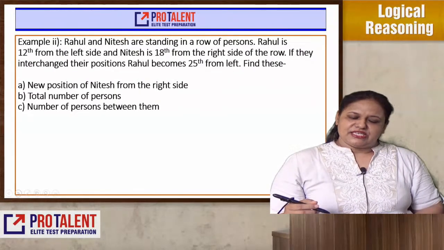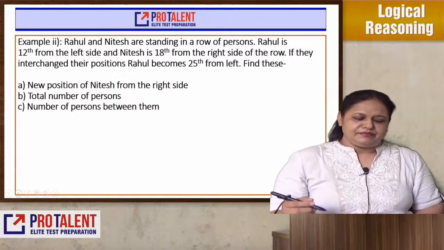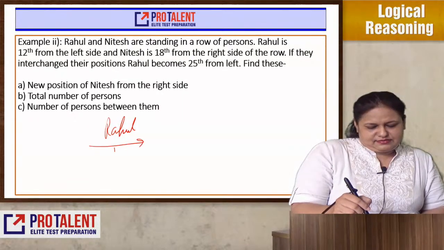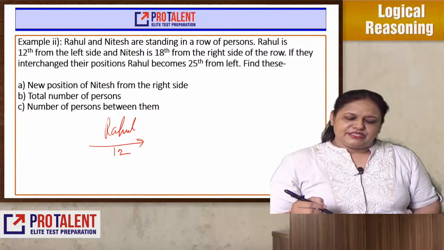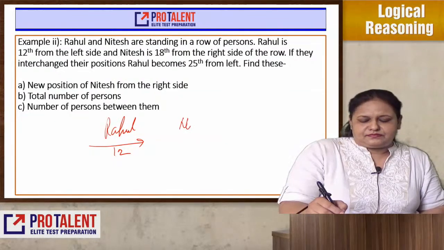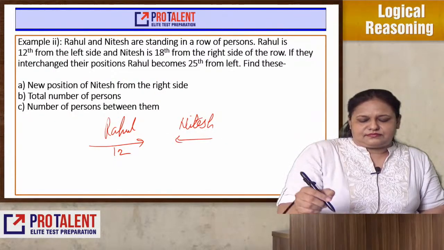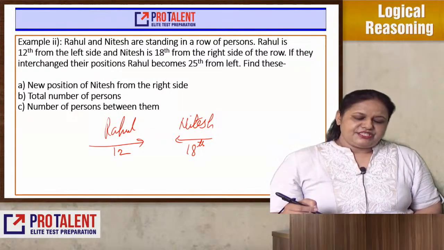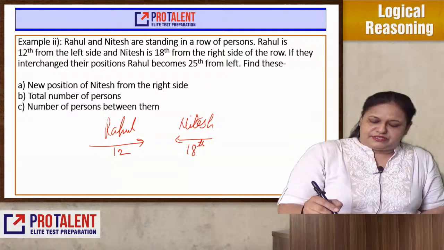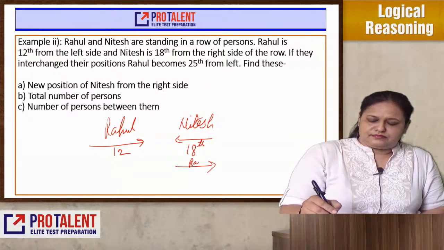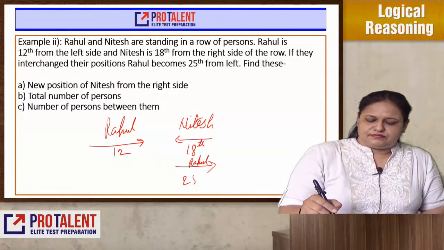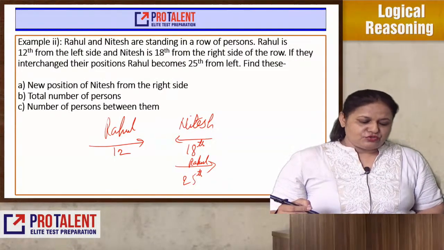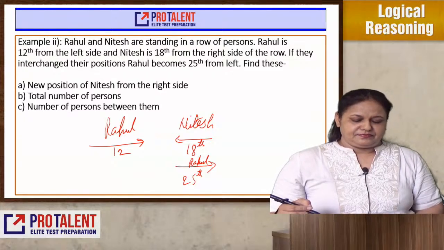So, Rahul and Nitesh are standing in a row of persons. Rahul is 12 from the left and Nitesh is 18 from the right, and they interchange their position. Rahul becomes 25 from the left. So what would be the new position of Nitesh from the right side?